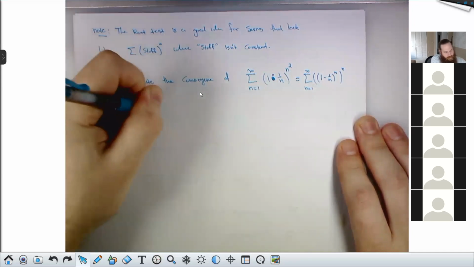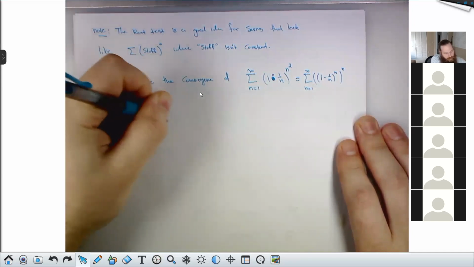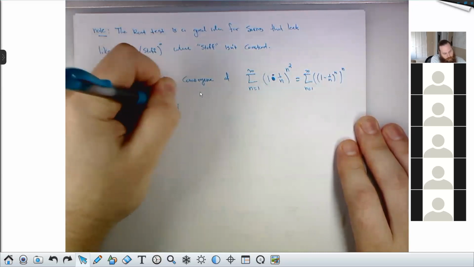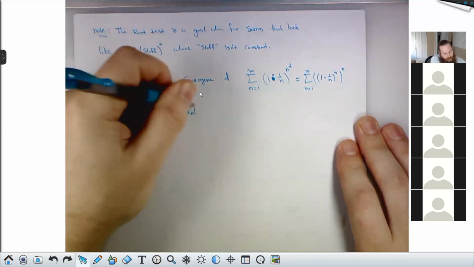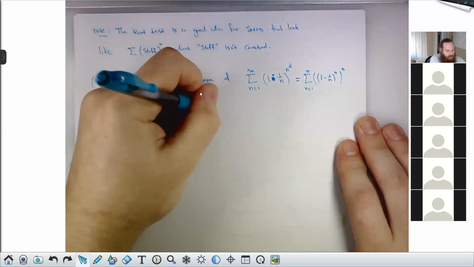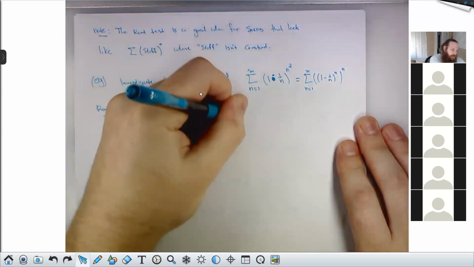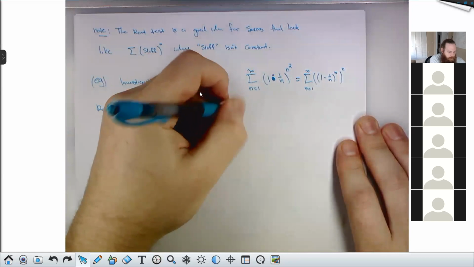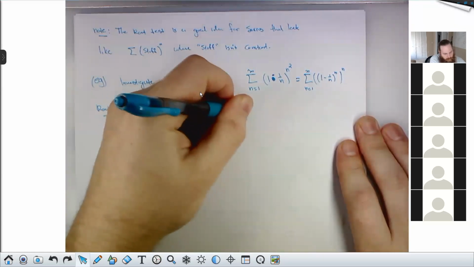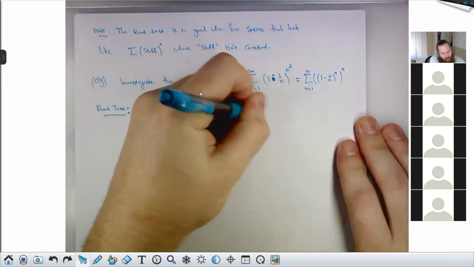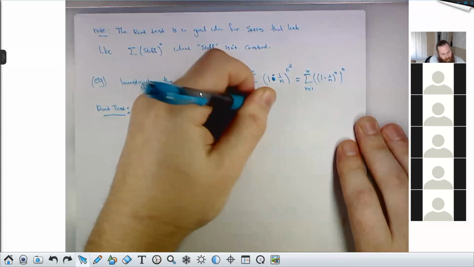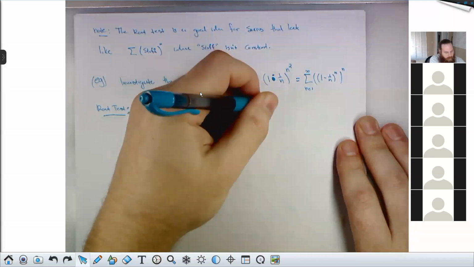The root test says L is the limit as n goes to infinity of the nth root of the absolute value of a_n, which in this case is the limit as n goes to infinity of the nth root of (1 minus 1 over n to the n) to the n.